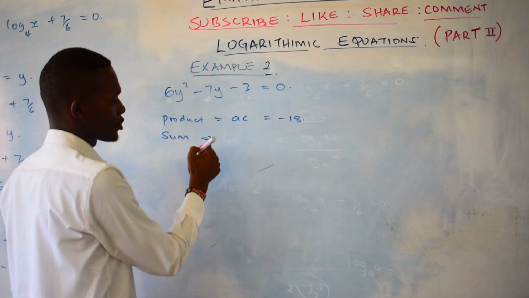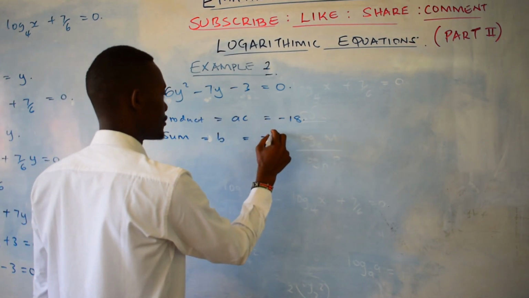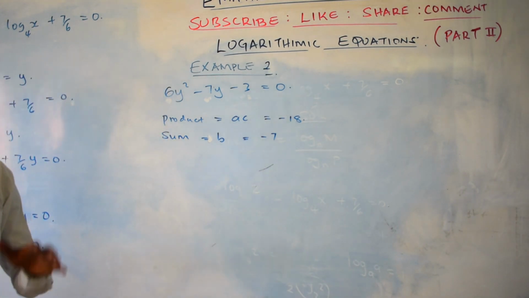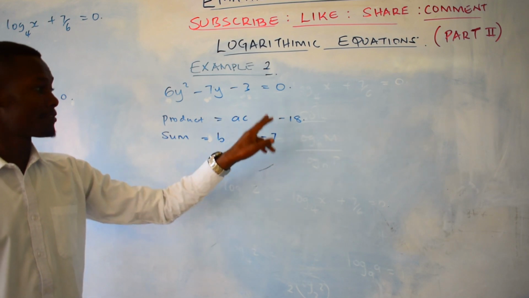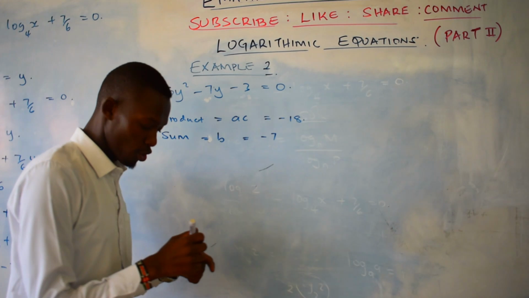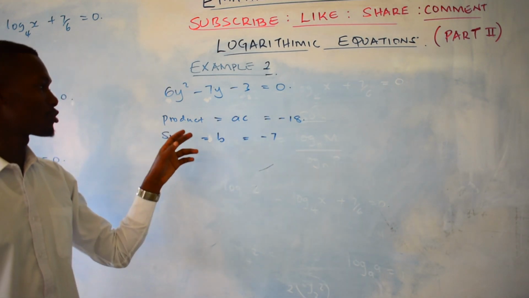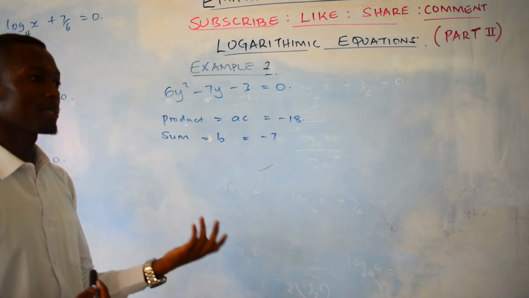Then the sum: we find two numbers which will give you the sum to be B. So our B is negative 7. So you find two numbers whose sum is negative 7 and whose product is negative 18. The best way to find the two numbers is to always use the product. So we find two numbers that can give you 18.